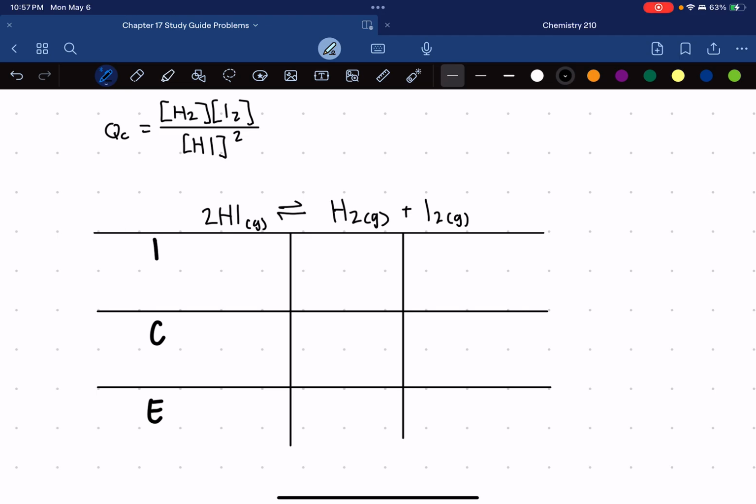Initially, we have 0.1 molar, but we can leave that out since we know our ICE tables are in terms of molar concentration. So we start off with 0.1 molar HI gas, but we have 0 H2 gas and I2 gas.